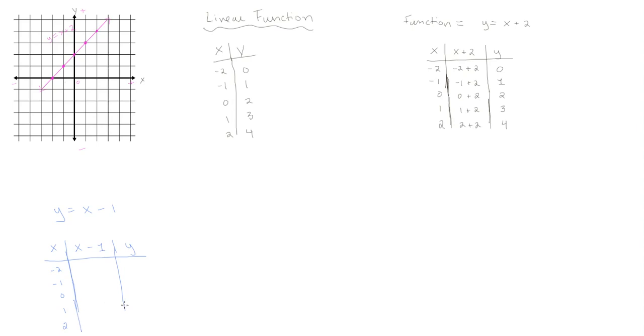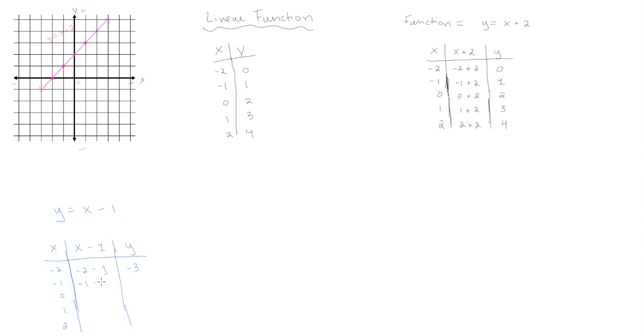Right? And then we'll just plug those in, right? Well, negative 2 goes in for x, so it's negative 2 minus 1, right? And so negative 2 minus another 1 would give us negative 3.